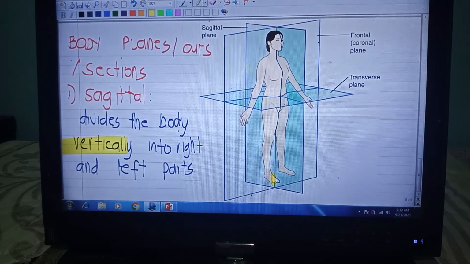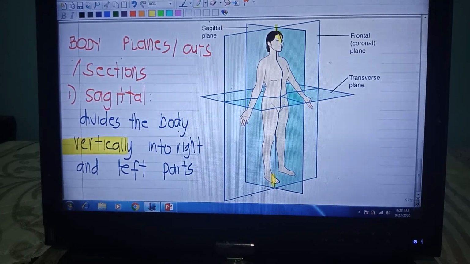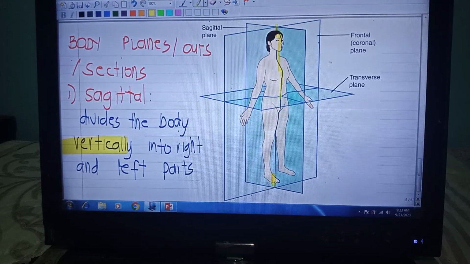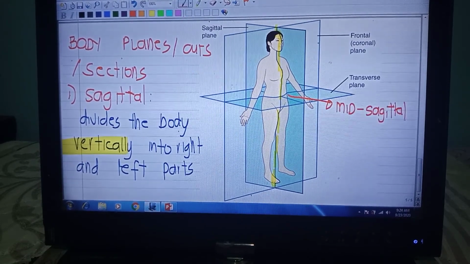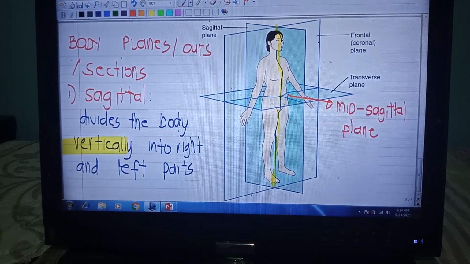Pero, if we divide the body in the midline, sa gitna, ang tawag po dyan, mid-sagittal plane. If we divide the body into the midline, or if the cut is through the midline, that is a mid-sagittal plane.